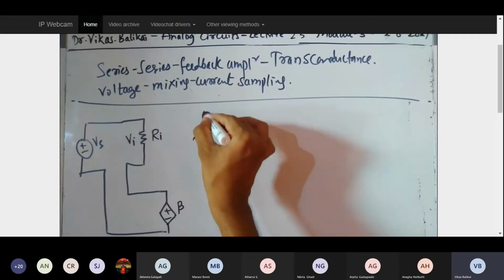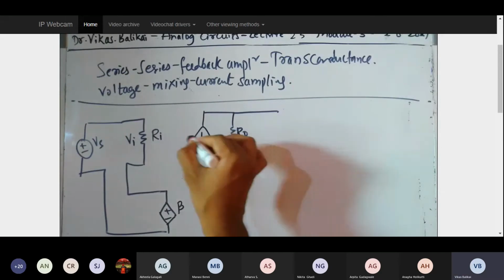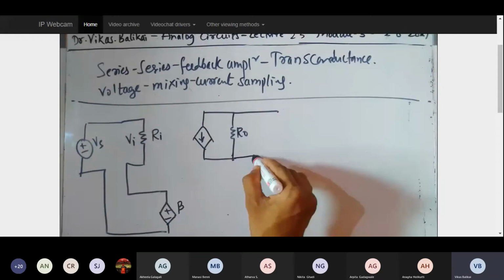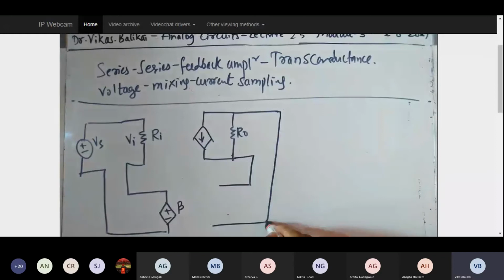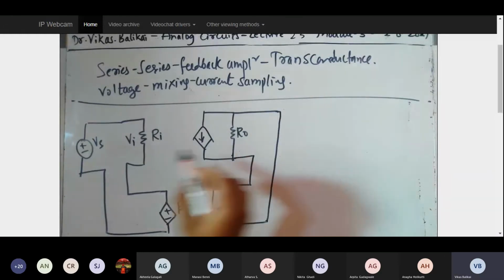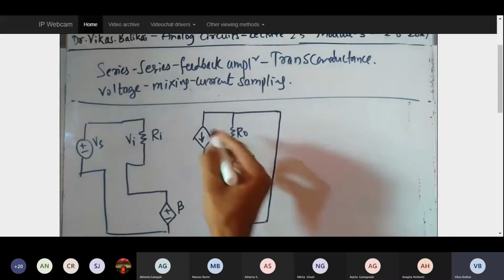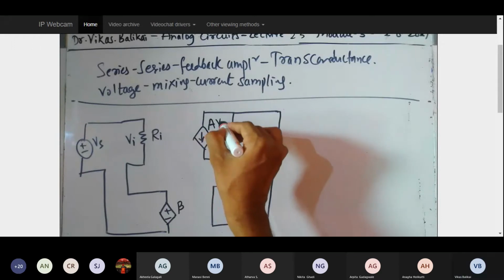Here I am taking the output side R, because it is a series feedback amplifier, both from the output side as well as the input side, the feedback will be in series. Since voltage is getting mixed and current is getting sampled at the output, the gain will be A times Vi, and this R naught, and this current is I naught.